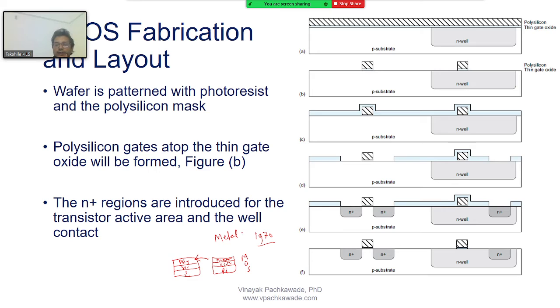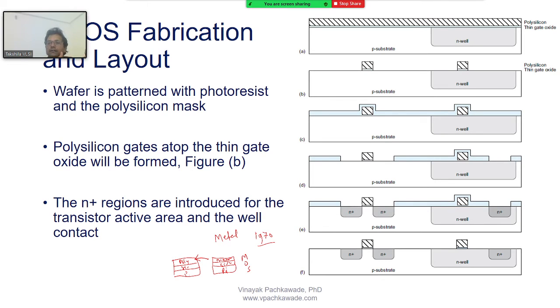The answer to that would be some fabrication ease. Nowadays, as I said, we don't use metal for the gates, but rather we use polysilicon, and when it is heavily doped, it acts as good as a conductor. The reason could be ease in fabrication, and there could be some other advantages of using polysilicon, because when you fabricate the integrated circuit, you have to perform some steps at very high temperature.